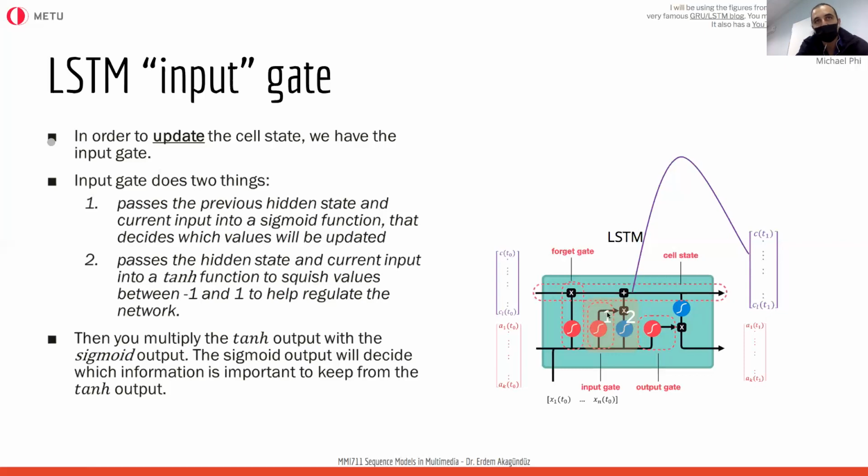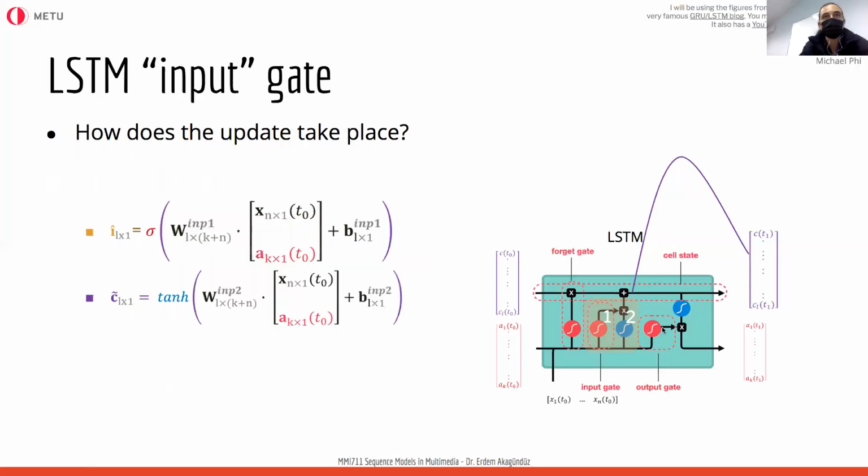We create a fuzzy logic gate here. We create an updated cell state value. So the output at this point and at this point is the same size as the cell state. They are element-wise multiplied. So at this point, I have what is to be added to the cell state, and I add it. If you look at the formula, in the first formula you have the sigmoid function here and the tanh function here.